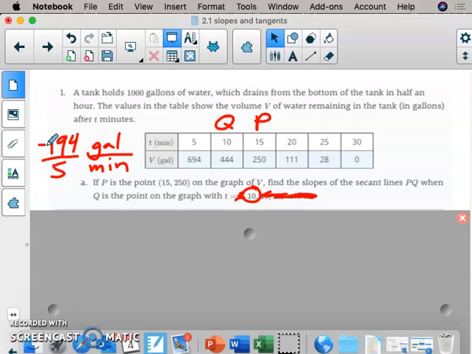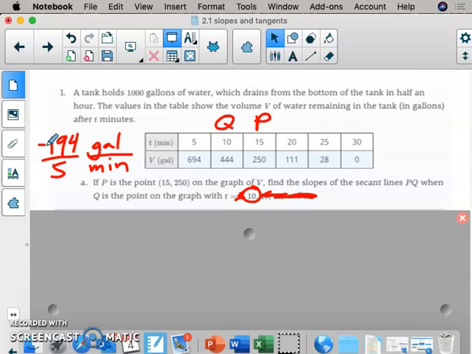So from 10 to 15, in old school think, we would say after each minute that progresses, the tank should have 38 less gallons of water in it, right? Does that kind of make sense? So that's an average rate, draining between those times at an average rate of 38 gallons per minute. Does that mean it really is draining at exactly 38 gallons per minute that whole time period?